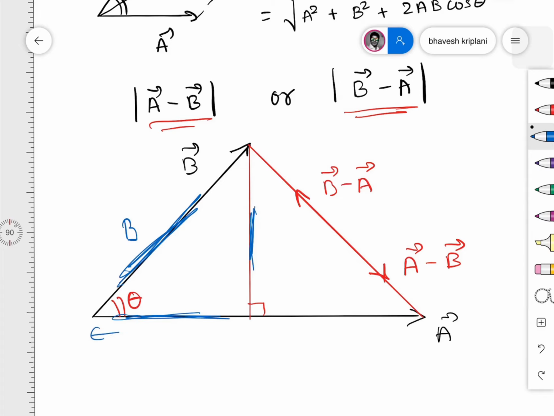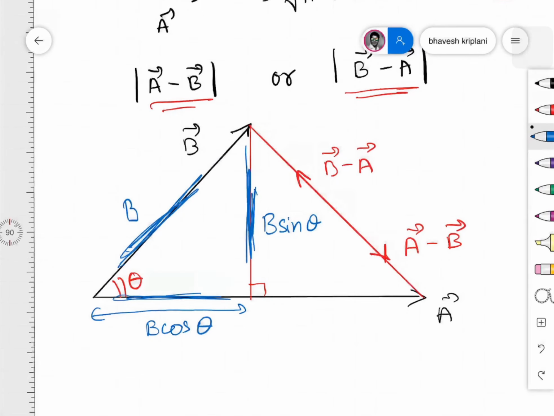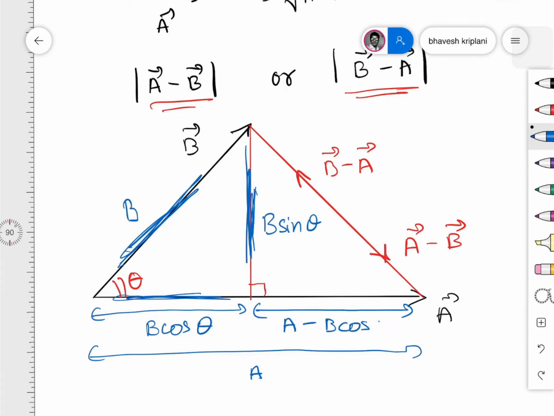So the base of the triangle will have a length equal to b cos theta, and the height of this triangle will have a length equal to b sin theta. Then this whole length is equal to length of vector a, so it is a. Then this part of the line will be equal to a minus b cos theta.